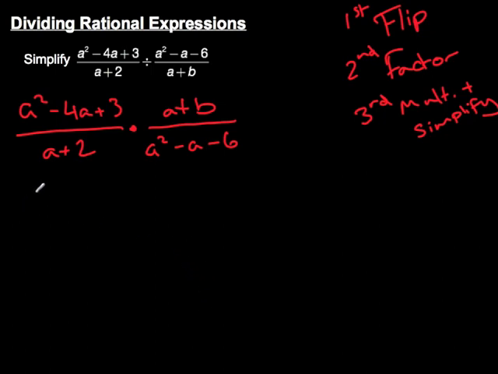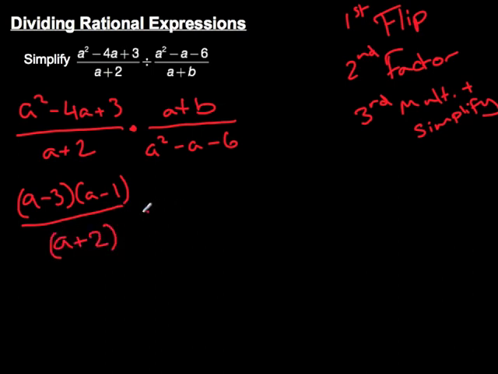So we get a minus 3 and a minus 1 in the numerator of the first fraction over a plus 2 in the denominator of the first fraction. We multiply that with a plus b in the numerator of the second fraction, and a minus 3 and a minus 2 in the denominator.